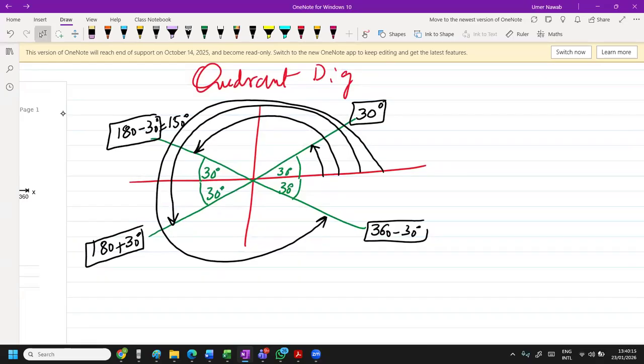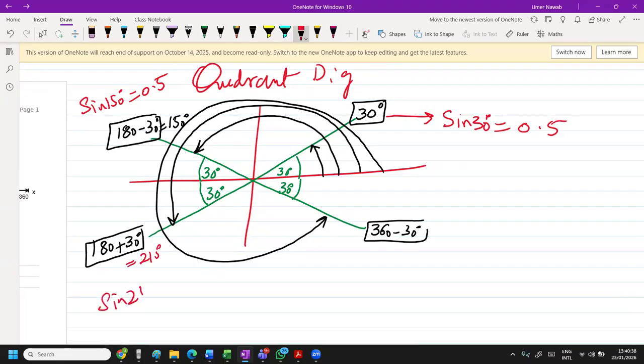Why not do an experiment? Take sine 30. For sure, the calculator will give you 0.5. Take sine of 150. That will give you 0.5. Take sine of 180 plus 30, which is 210.